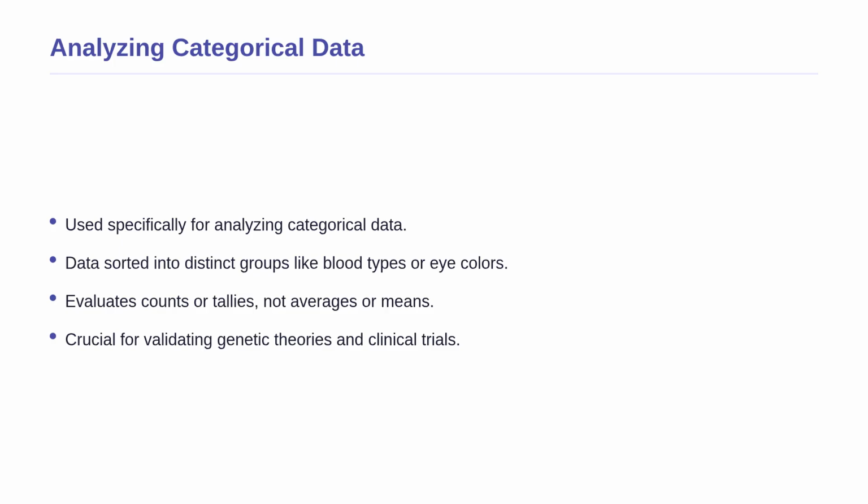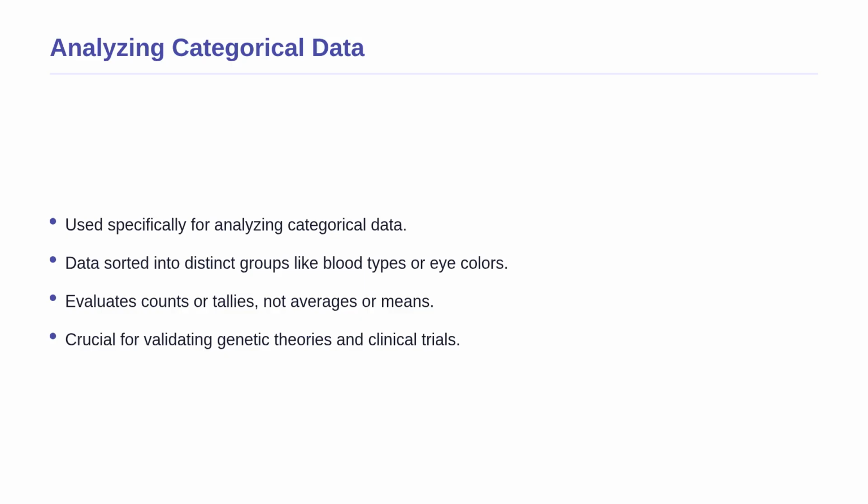Building on that idea of comparing expectations to reality, it is important to know exactly what kind of data we are dealing with. The chi-square test is a non-parametric tool used specifically for categorical data. This means information that can be sorted into distinct buckets or groups, such as blood types, eye colors, or whether a patient was cured or not cured.